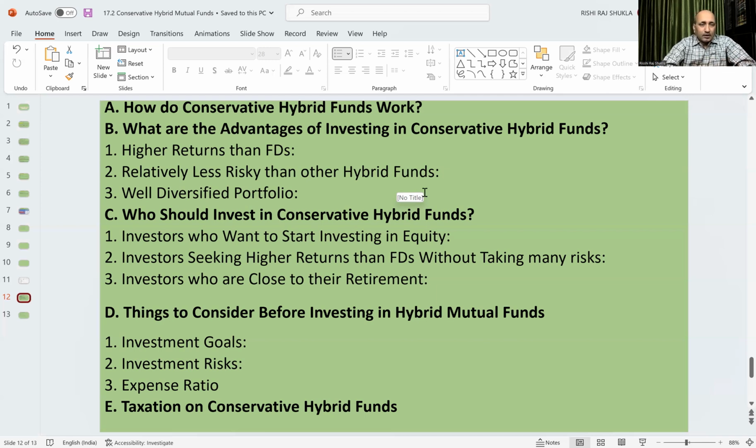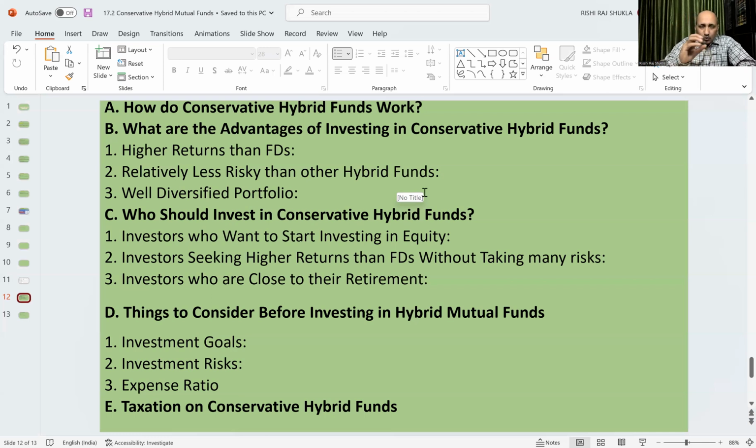Now, another thing is who should invest in conservative hybrid funds? The next question is this: who should invest? First is an investor who wants to start investing in equity. You are very risk averse, you are investing only in debt, then you graduate to the upper level.